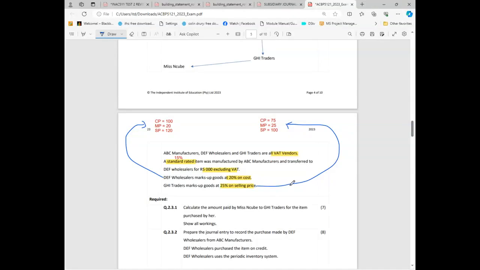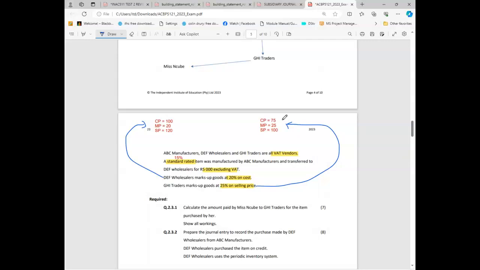So what do you think we're going to do then? It starts here from GHI. They have said 5,000 will go next to SP for the selling price.